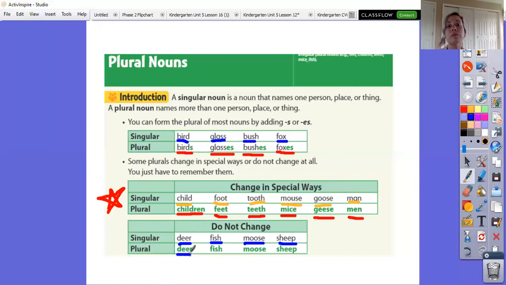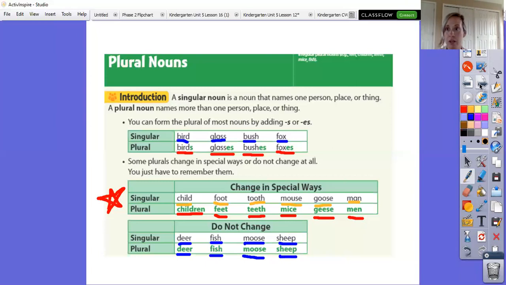So same thing. Next one, I don't say I saw lots of fishes. I say I saw lots of fish. Our next one, moose. I don't say there's many mooses in Alaska. I say there are lots of moose. And the last one, I don't say in the pasture there was many sheeps. I say there are many sheep.